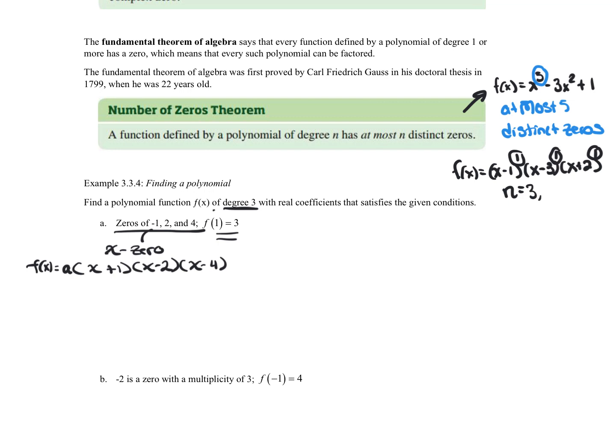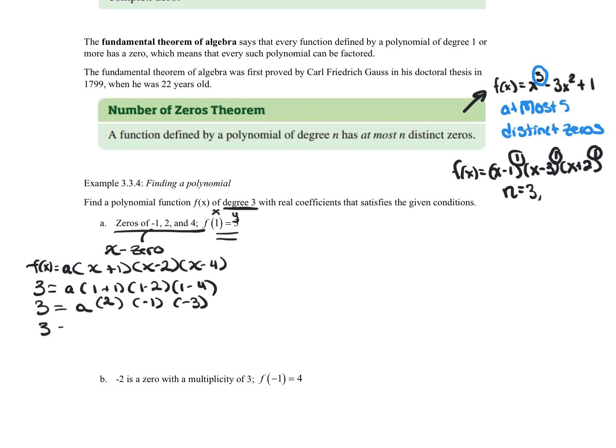This is like saying x is 1 and y is 3. So y is 3 equals a, and all the x's become 1. 1 plus 1, 1 minus 2, 1 minus 4. This is 2 times negative 1 times negative 3, and then 3 equals a.